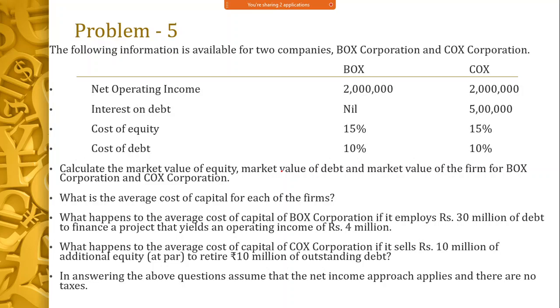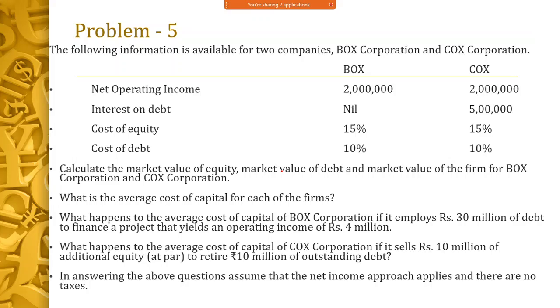And the last question is, the following information is available for two companies, Box Corporation and Cox Corporation. Net operating income is 2100 for both Box Corporation and Cox Corporation.